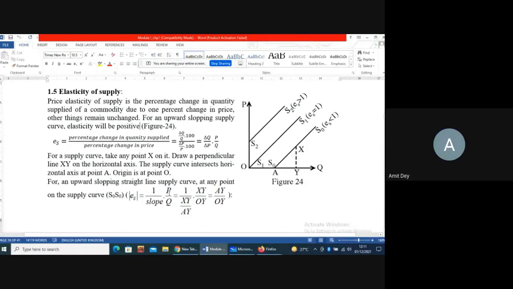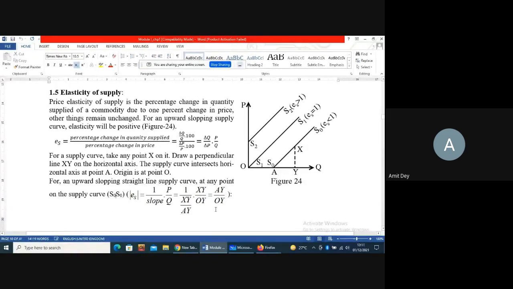Sir, I am saying that this place where 1/slope is written, if someone in an exam does not write it and directly writes the equation after drawing the graph, as AY divided by something... Not S0x, I said this is OY. Just let me finish first. Which stream are you, BA or BCom? Sir, BA. So you have to write it. It will always be better if you explain in this manner.